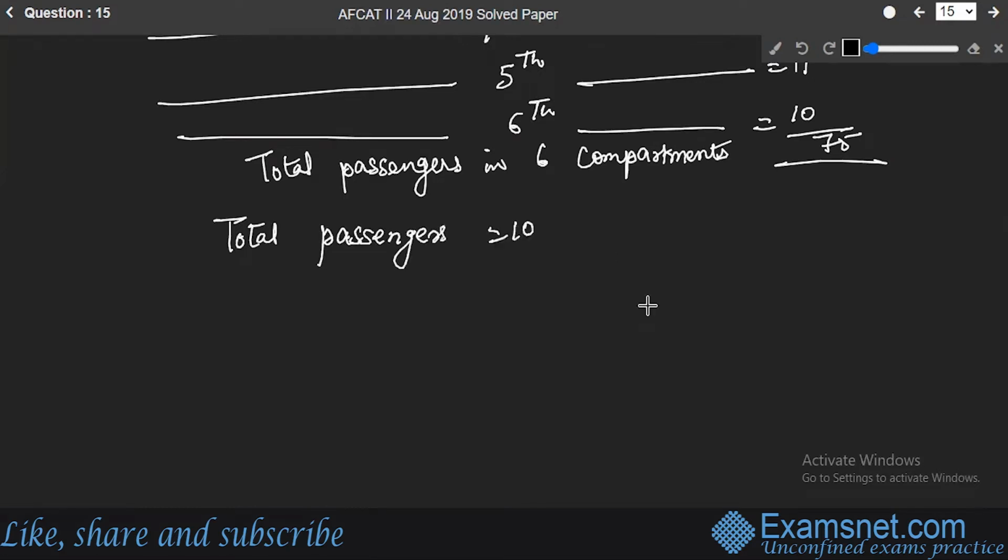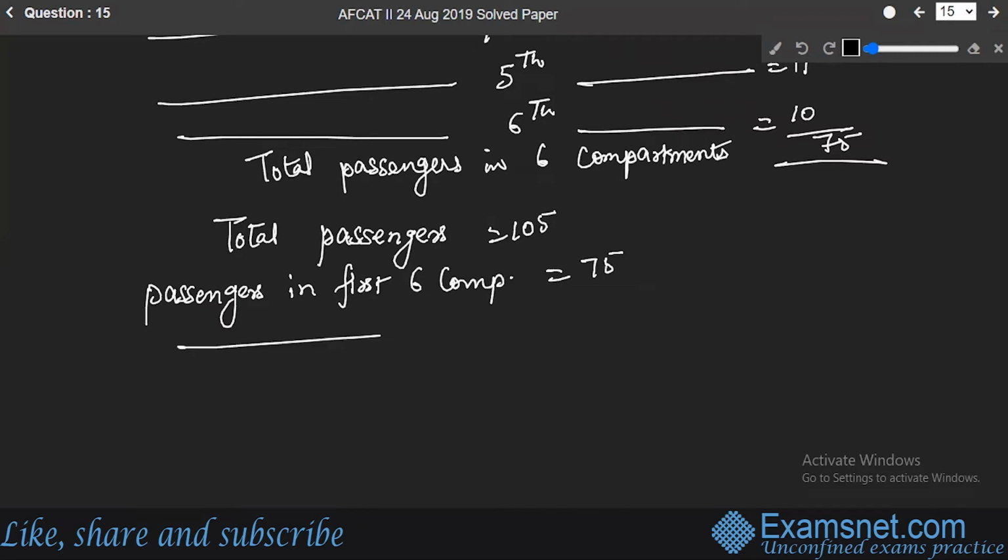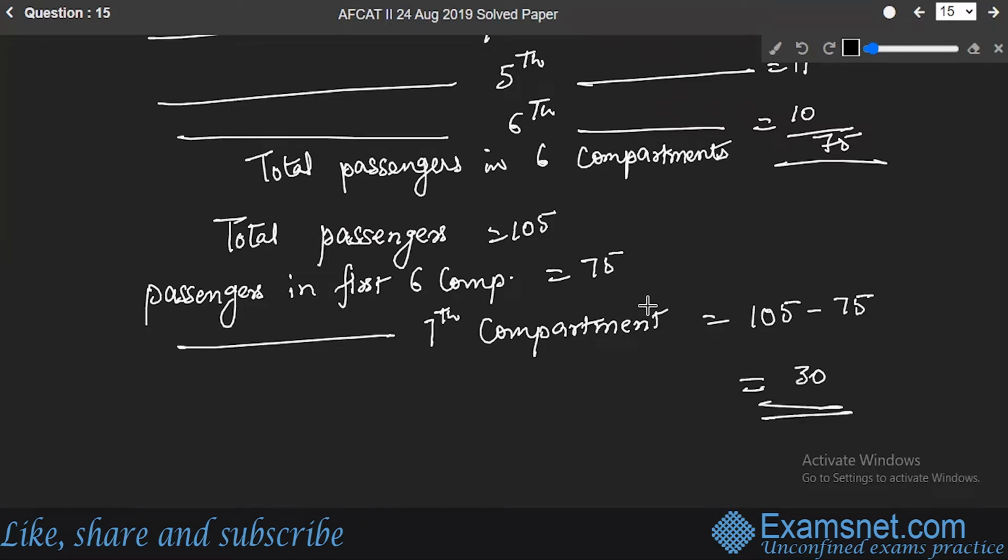Total passengers were 105. Passengers in first 6 compartments was 75. So passengers in seventh compartment is equal to 105 minus 75, which will be equal to 30.